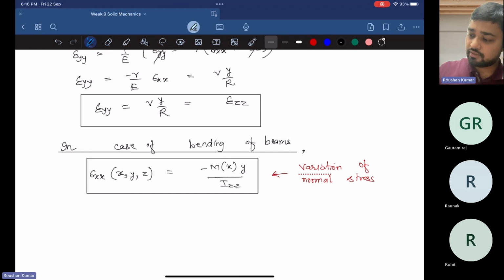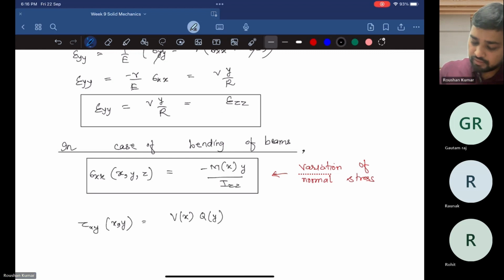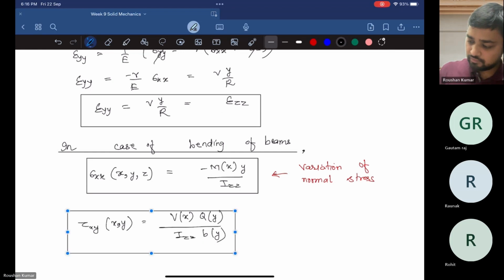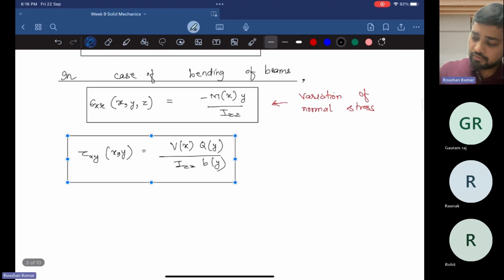Next I am writing the variation of shear stress, which is given by tau xy of x comma y, equal to V of x times Q of y upon Izz into b of y.